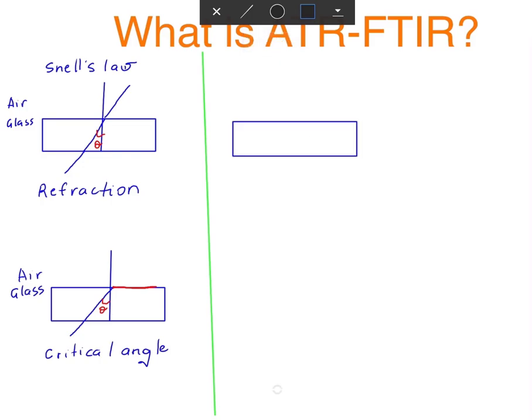So here we have the glass again, and I'm going to draw this imaginary vertical line. What we're doing here is increasing the angle of incidence. I apologize, it should bend a little bit because it's coming from the air.